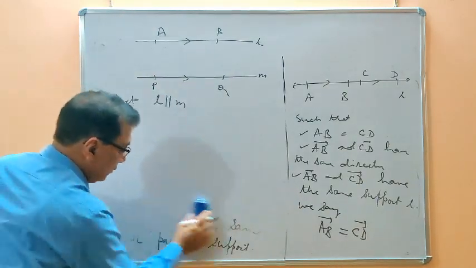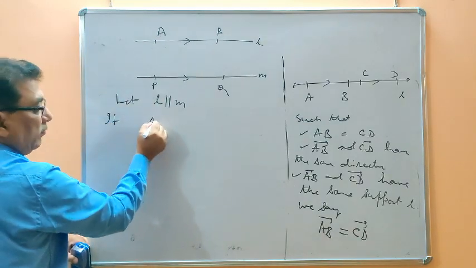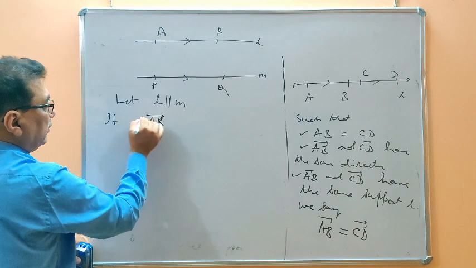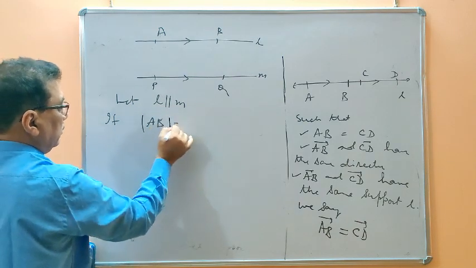So if the length of AB, also written as magnitude. Okay.